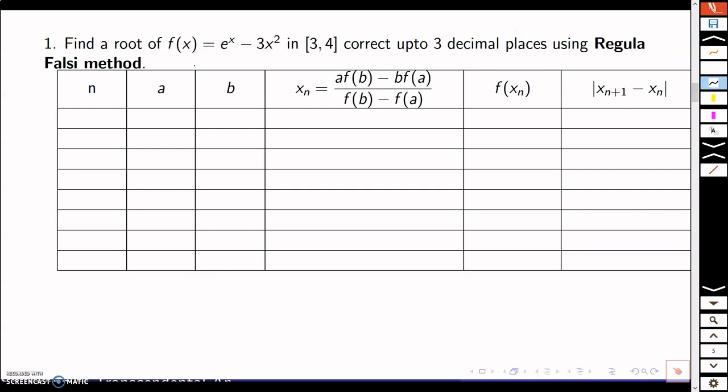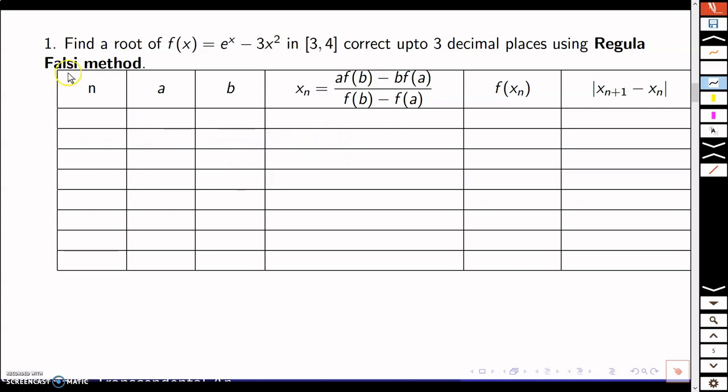Okay, so we have this table, a similar table we had in the bisection method as well. Only difference is, in bisection method at each stage we were computing the midpoint of the interval, right? And then we were checking the sign of the function at the midpoint.